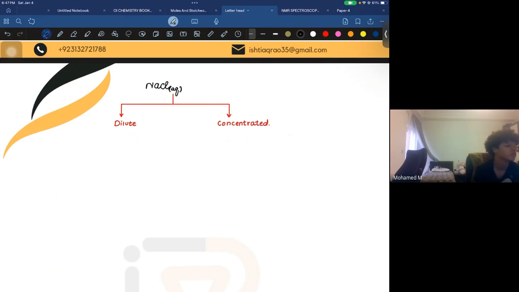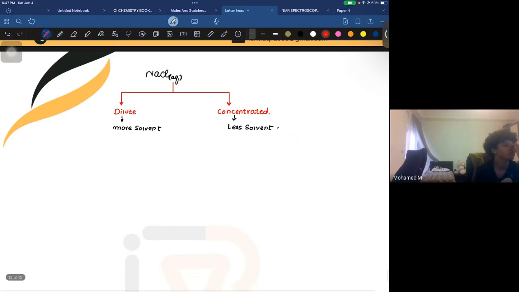So for dilute solution, more solvent and less solute. Solvent means more water. Let's suppose I'm going to tell you that this is dilute sodium chloride aqueous.